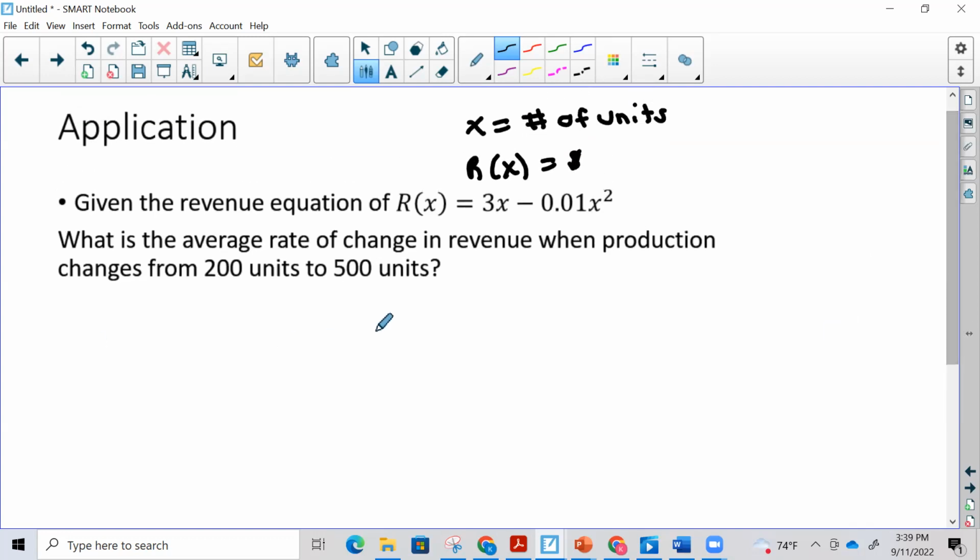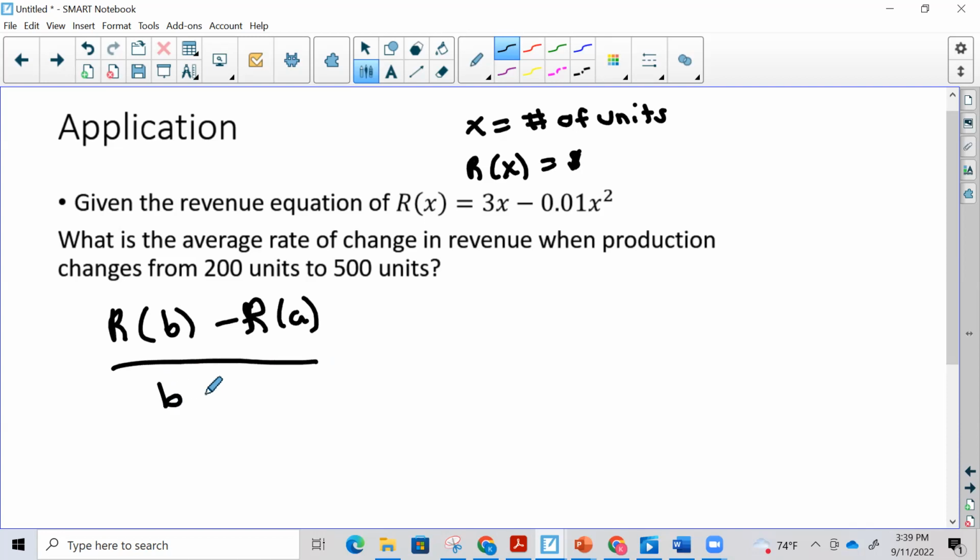So when we do this, we use the same formula, but instead of saying f, we do R. So we're going to say R of b minus R of a all over b minus a. We just use whatever function notation they give me.